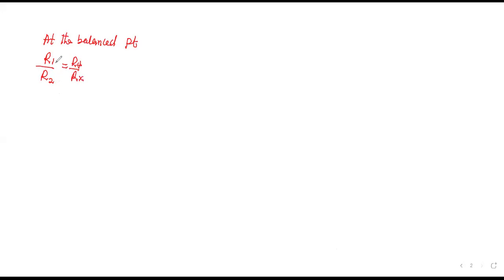Now with this, because R1, R2, and R4 are known, you can determine the unknown by simply making the unknown the subject, which would be R2 times R4 over R1. So knowing R2, R1, and R4, you can easily find the unknown resistance.